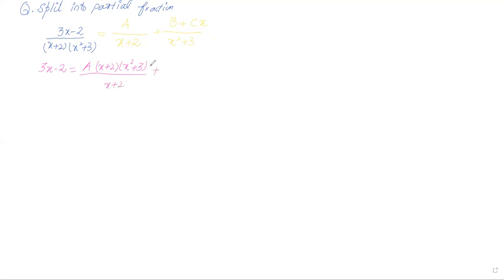Similarly, for the second fraction, the numerator consists of B as well as C. The denominator will not multiply only with the B, or only with the C. It will multiply by B plus Cx, times (x plus 2)(x squared plus 3) divided by x squared plus 3.